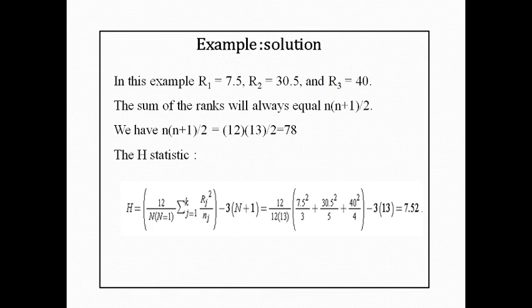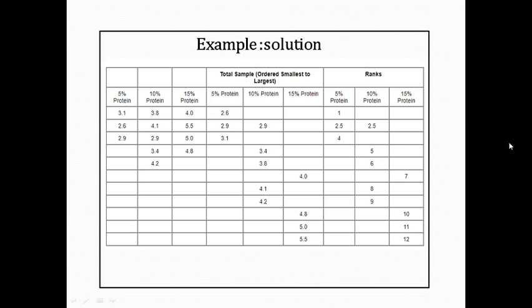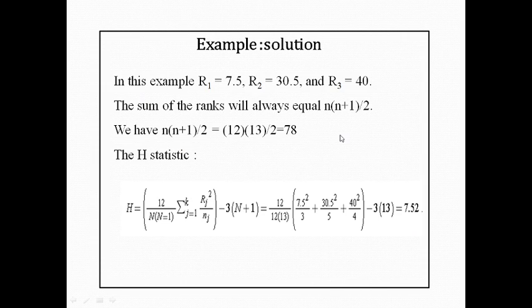After ranking the data, we sum the ranks in each sample. For the first treatment the total is 4 plus 2.5 plus 1, that is 7.5. So R1 is 7.5. The second treatment rank sum is 30.5. The third treatment rank sum is 40.